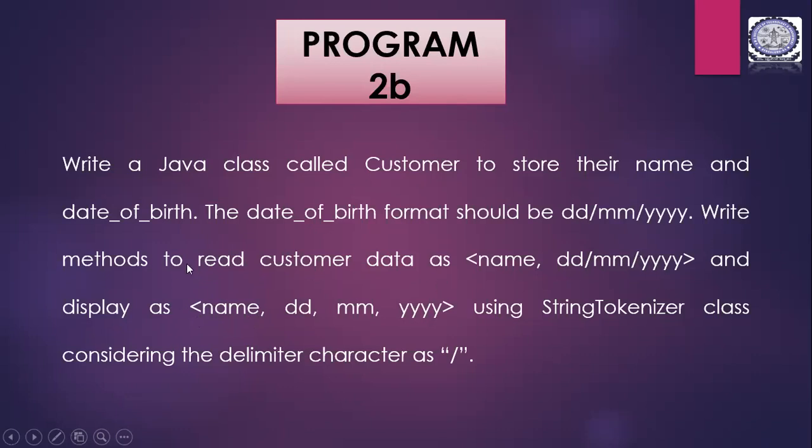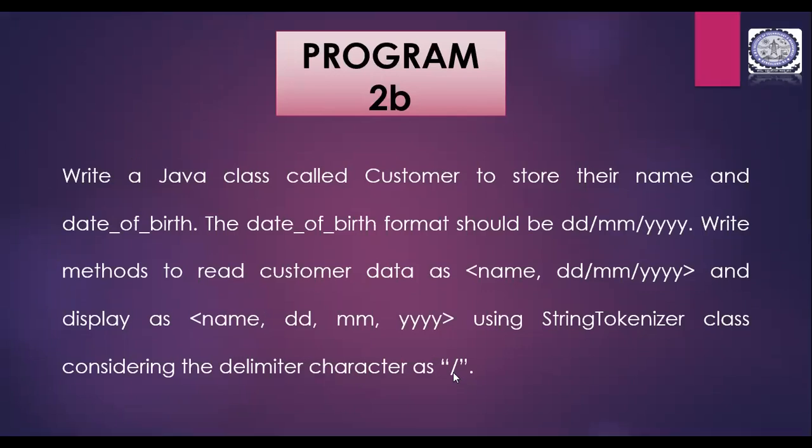But while displaying the data, it has to display it as name, comma, date, comma, month, comma, and year, and it should be within these two symbols. So this has to be done using the string tokenizer class. Okay, and here they have mentioned that the delimiter character should be the separation symbol. Okay, separation symbol or the divided symbol.